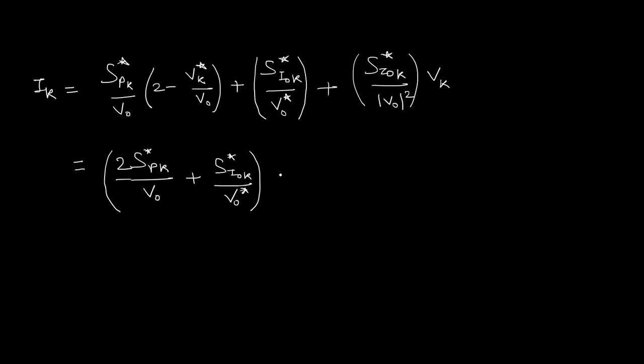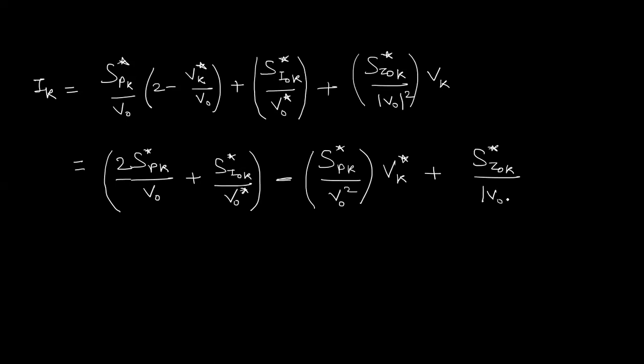Then here we have minus S Pk star by V naught square multiplied by Vk star, plus S Z0 k star by V naught square multiplied by Vk, equal to Ik.